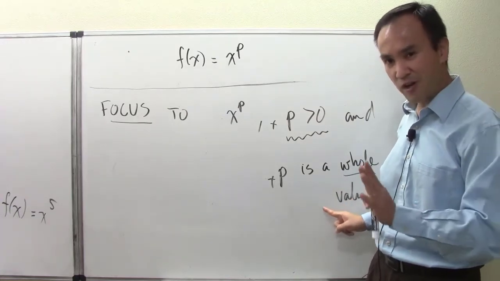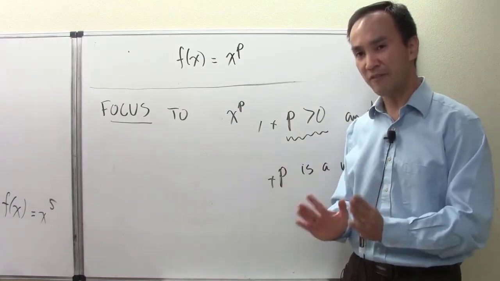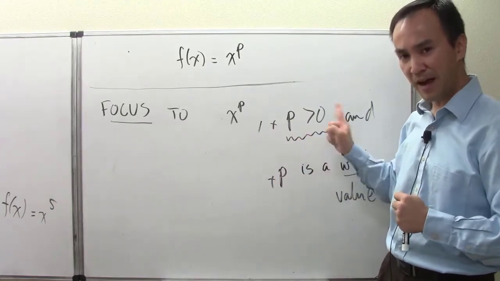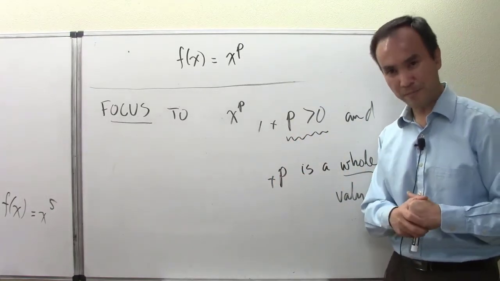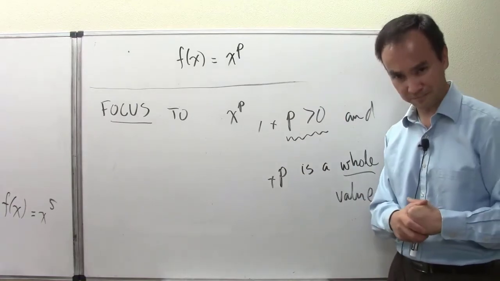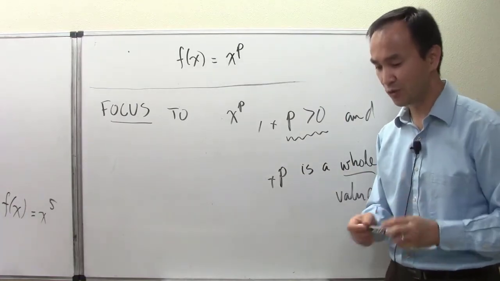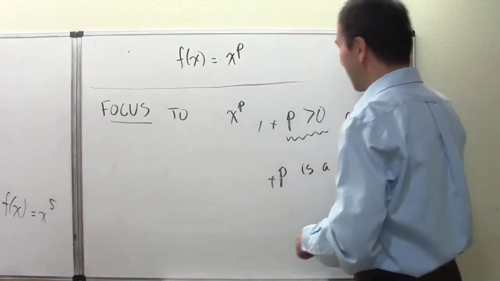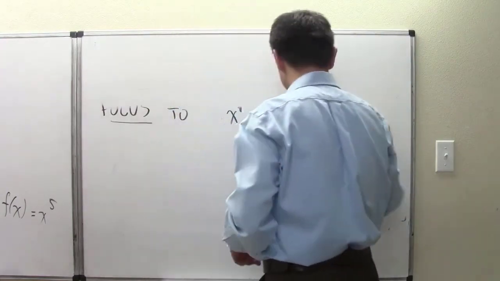We're only going to study the graphical behavior of these power functions where the power is a positive, whole value. Okay, so let's get to them. All right, so now we know where our focus is.